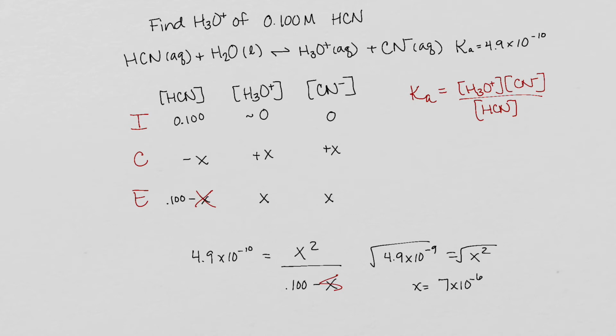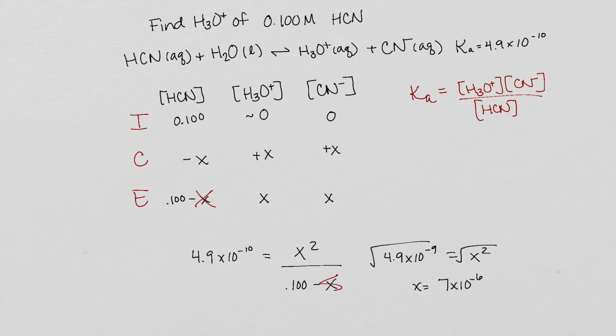So you're probably thinking, ooh, that looks amazingly easy. Can I always do that? Well, not necessarily. So you have to figure out if your assumption is valid. The way that you do that is you look at the ratio of x and the number that it was subtracted from.